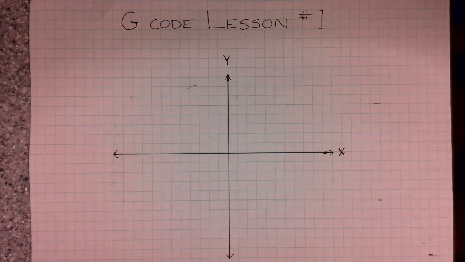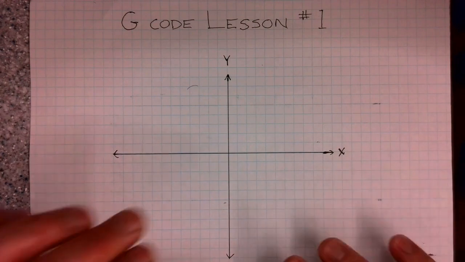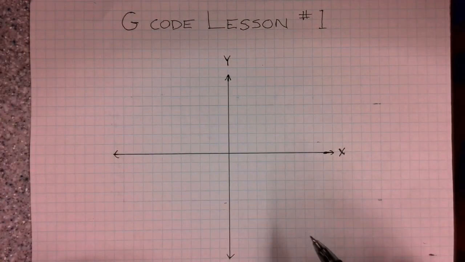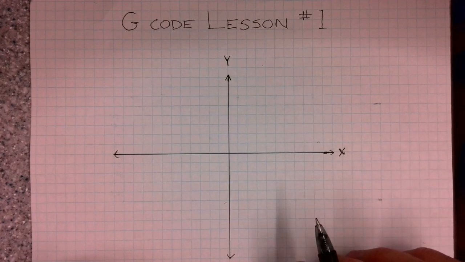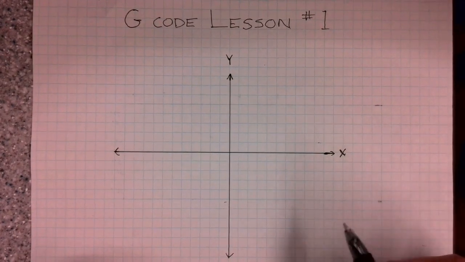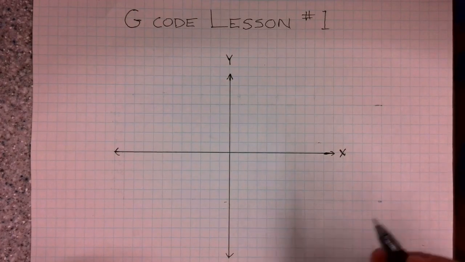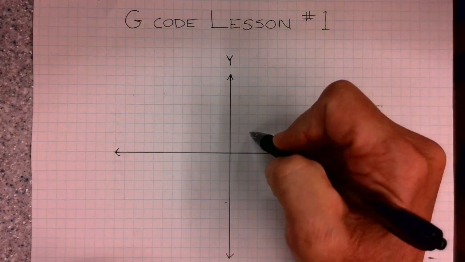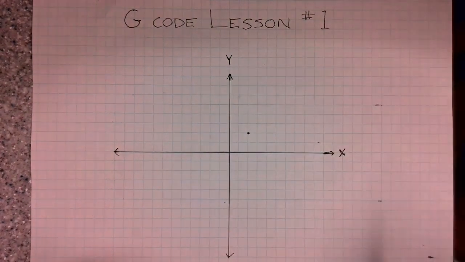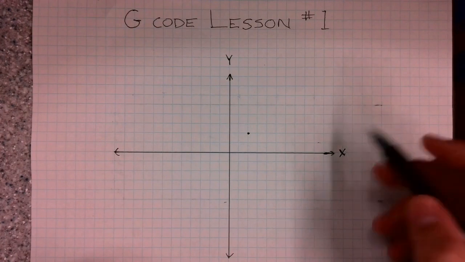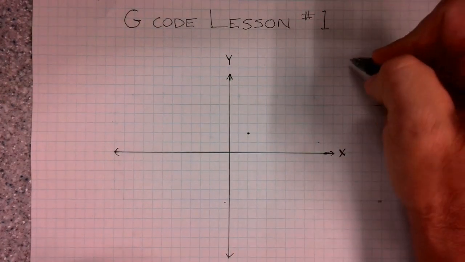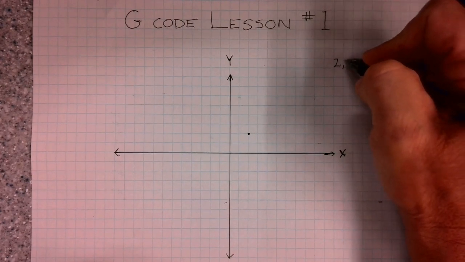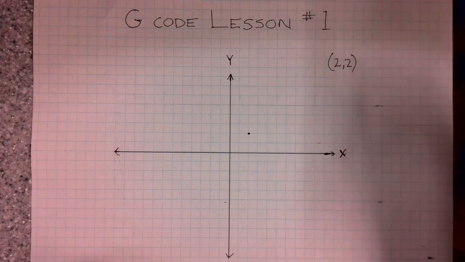Okay, this is our first lesson in learning how to write G-code. This type of graph may be familiar to you from past math classes, called the Cartesian coordinate system. In math class, if we pick a point, say right here, and these are whole numbers, we would write that (2, 2) with parentheses.